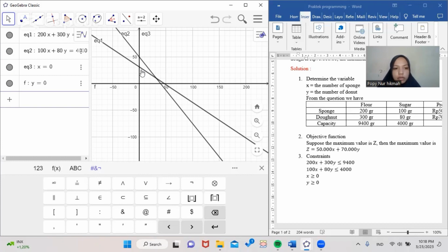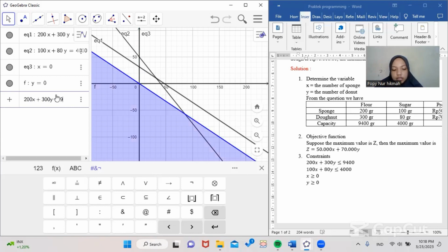To determine the feasible area, we have to write all the constraints as inequalities, or we have to combine all the constraints. First is 200x plus 300y is less than or equal to 9,400.